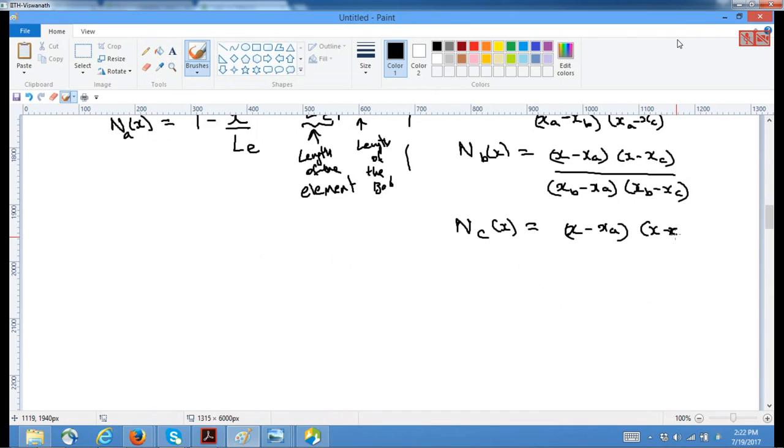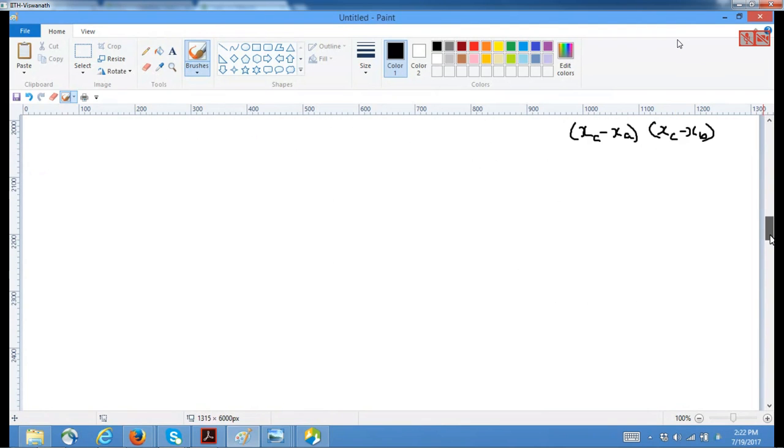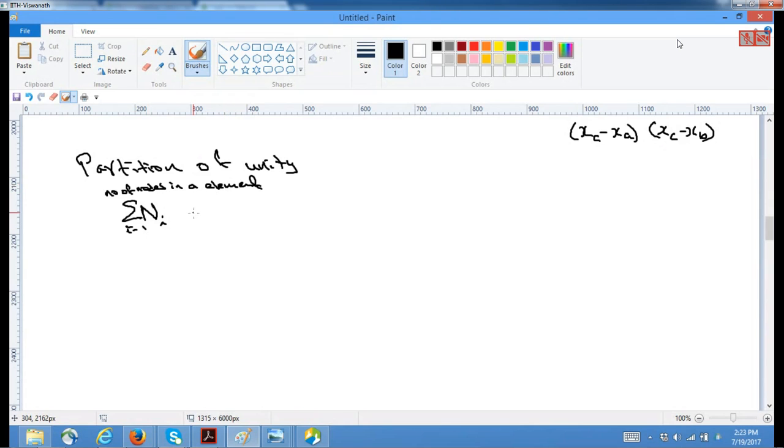And we have shown in the previous class that no matter which element you see, partition of unity has to be satisfied. Partition of unity means the summation of N_I, where I goes from 1 to the number of nodes in an element, evaluated at any x, no matter what x is, has to be equal to 1.